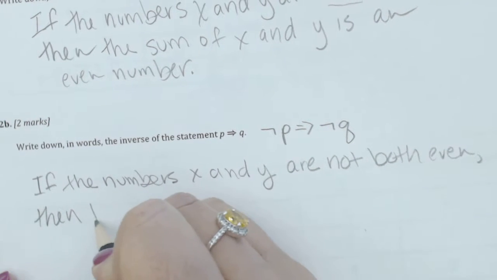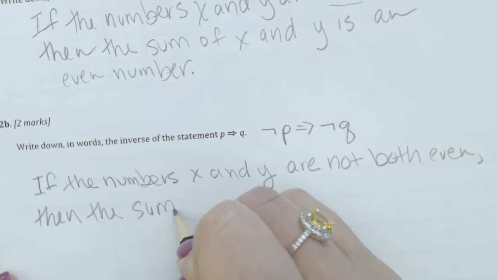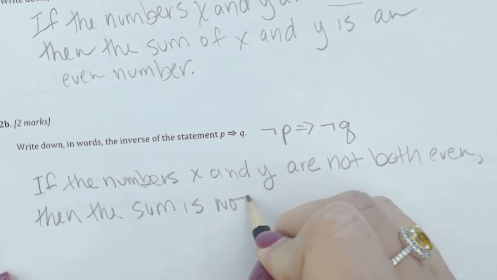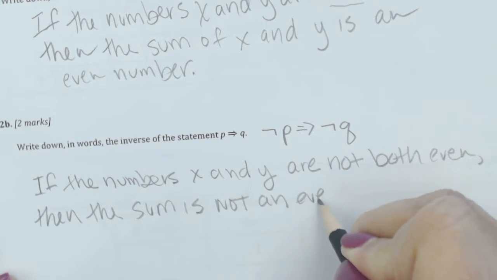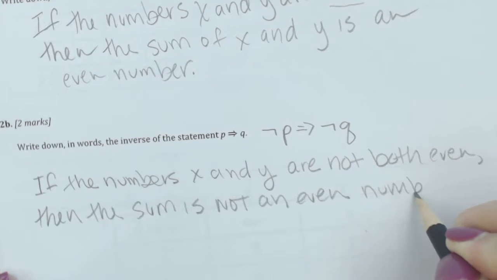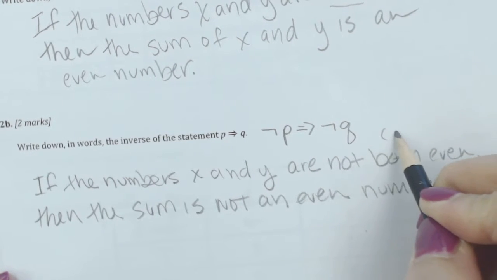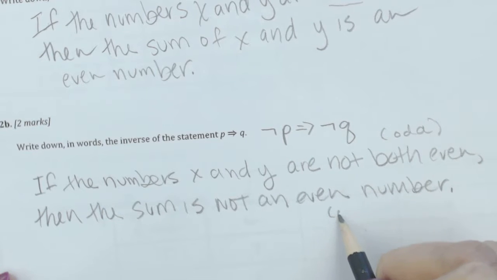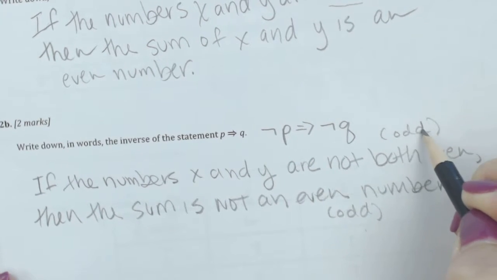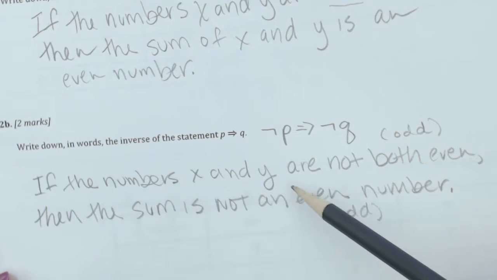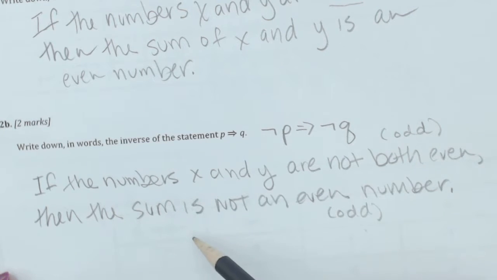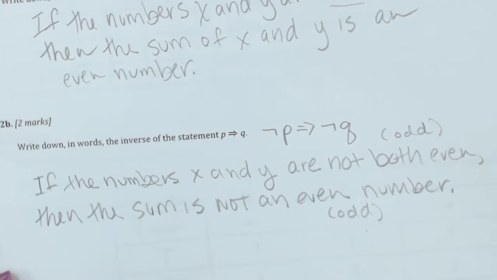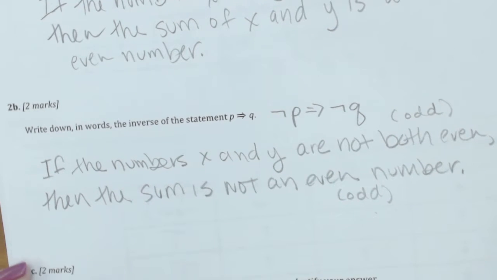Then the sum is not an even number. So here the word odd can go, and here the word odd can go as well. So even if you read this, if the numbers X and Y are odd, then the sum is odd. You can read it like that as well. And I put these in parentheses just to remind myself that they could be odd and that I would accept those as answers on your paper as well.